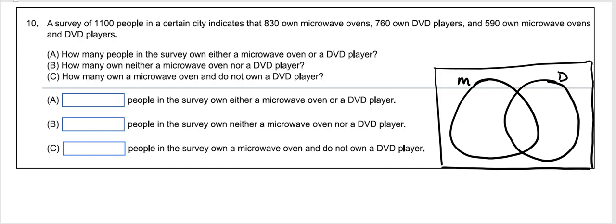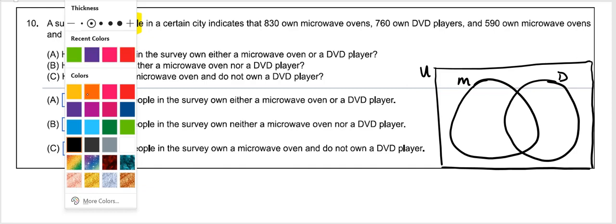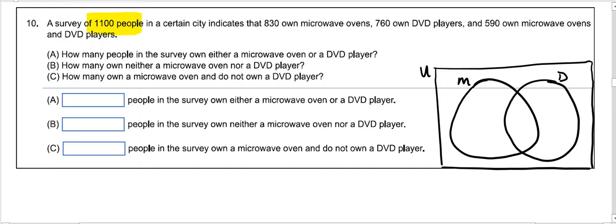Okay, I've drawn our Venn diagrams over to the right. Now we need to go put stuff in there. So the universal set, there were 1,100 people in the survey. So that number, I'm going to use orange for people. All right, 1,100 is out in the universal set.